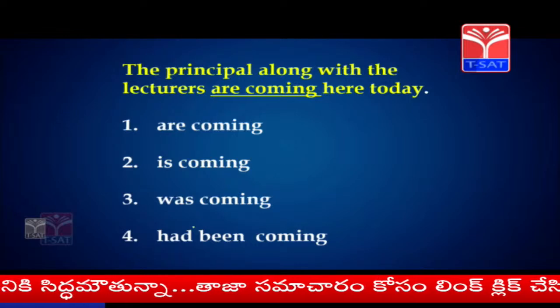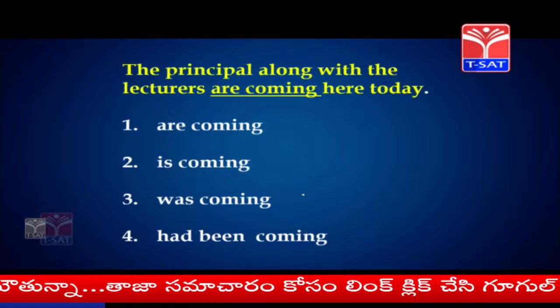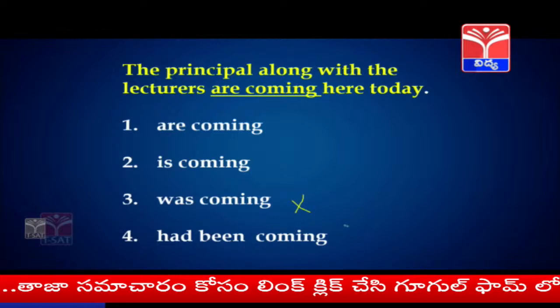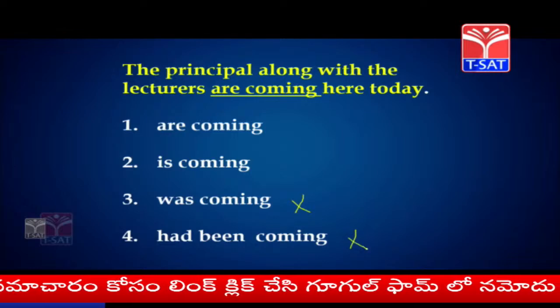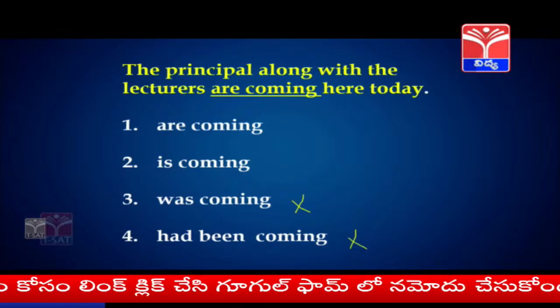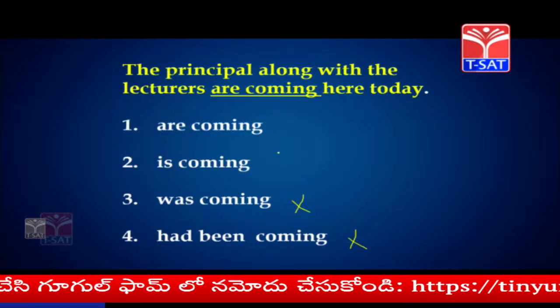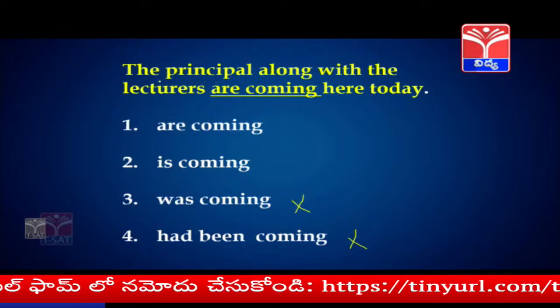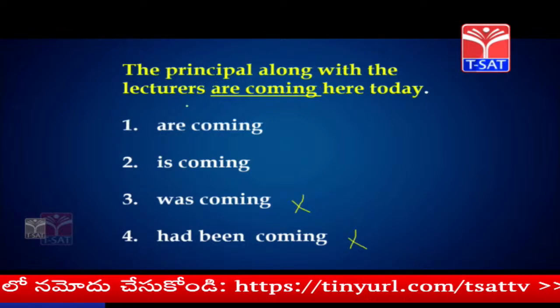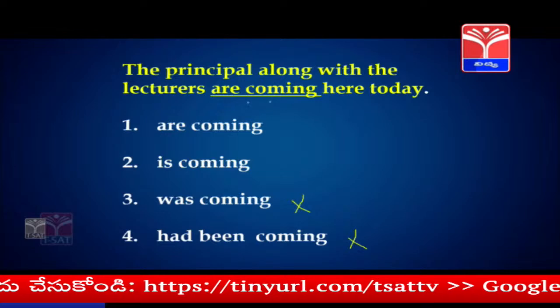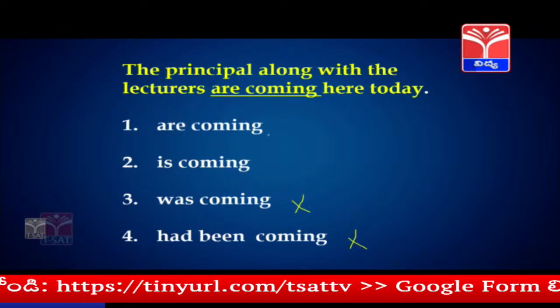And today again is the tense marking. So, you cannot say was coming, we cannot say had been coming, because 3 and 4 are marked for past tense, but here today is given in the sentence. So, there must be agreement of time. But the point is, shall we say the principal along with the lecturers are coming or is coming?